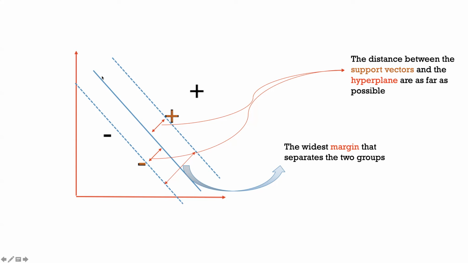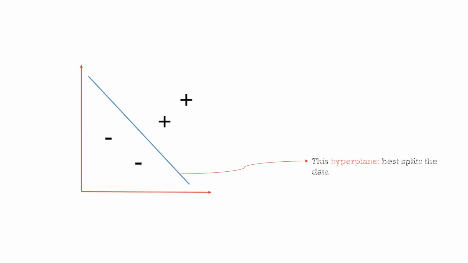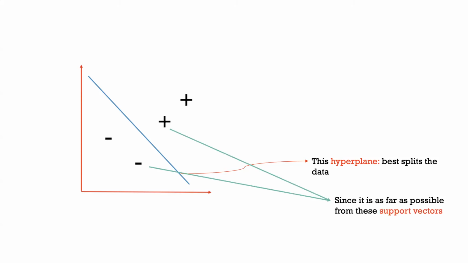And this is my hyperplane, and I want this distance from support vectors to hyperplane to be as far as possible. These are my main rules for this method. And this hyperplane is the one that best splits my data. I'm just looking for this one now, and it is as far as possible from the support vectors that we already talked about.